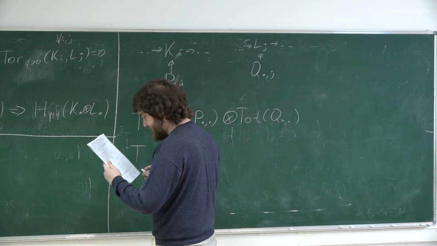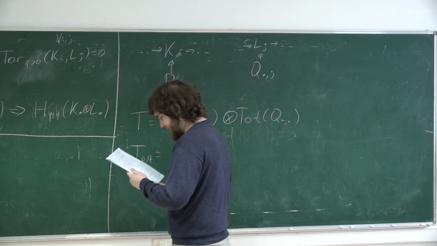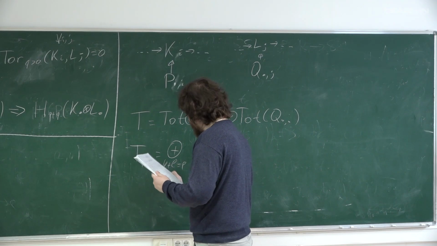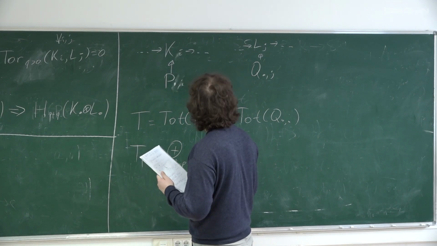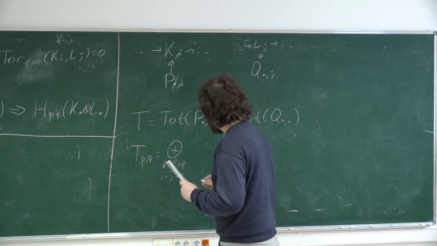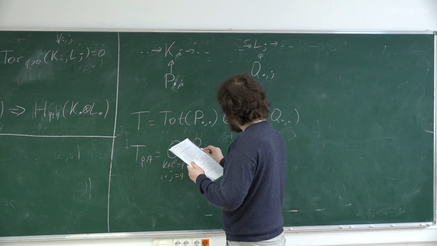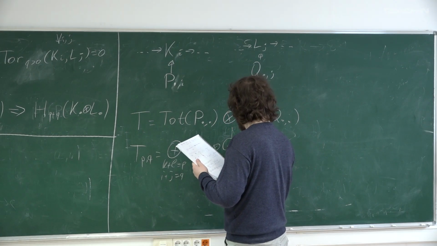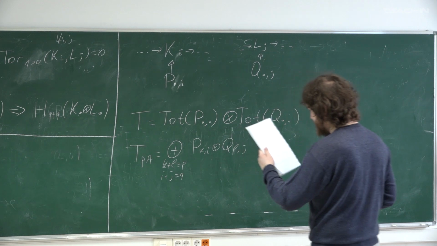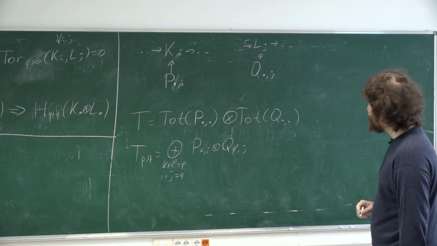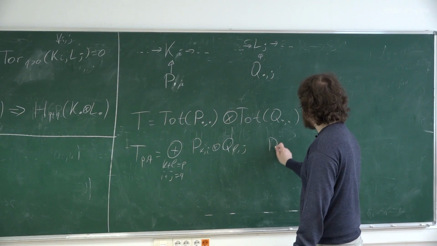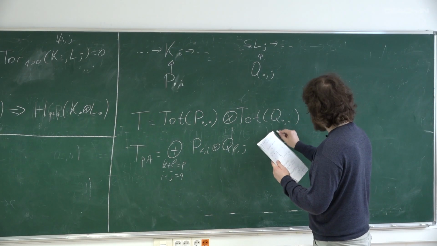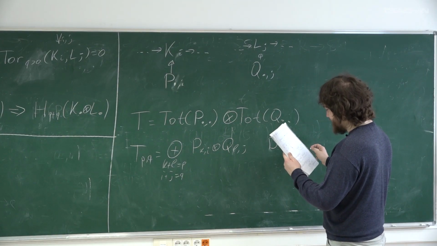Unwinding definitions, it's just this direct sum. K plus L is P, I plus J is Q, P_{K,I} tensor Q_{L,J}. And I have two differentials here. This is the differential of T. It's a horizontal one.